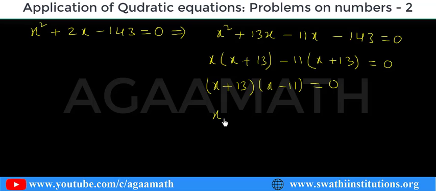So x equals minus 13 or 11. The question is about odd positive consecutive integers, so 11 is positive, therefore the two numbers are 11 and 13, the odd positive integers.